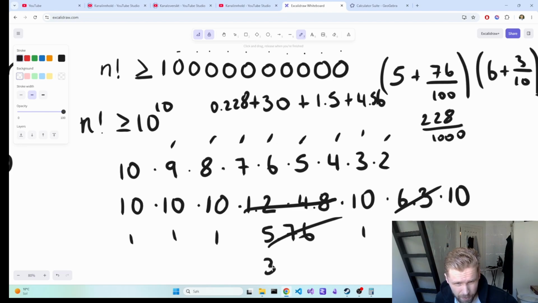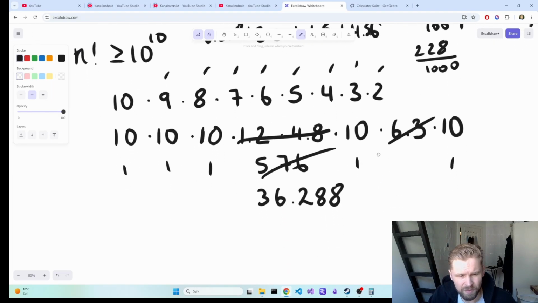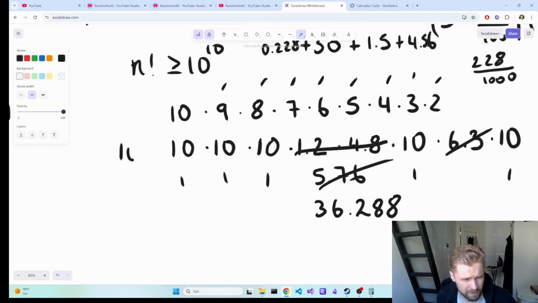So, 35, 36 point, 36.288. Now, there's definitely a 10 in there, huh? Pull a 10 out, and then this is gonna be 3.6288.